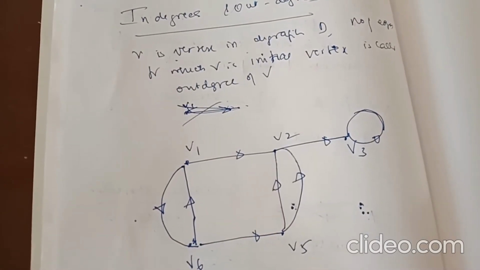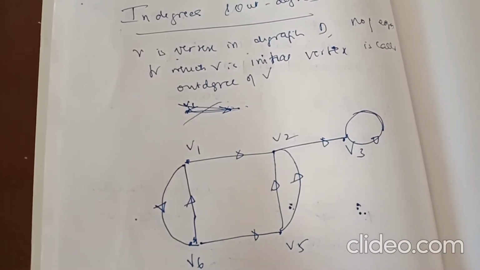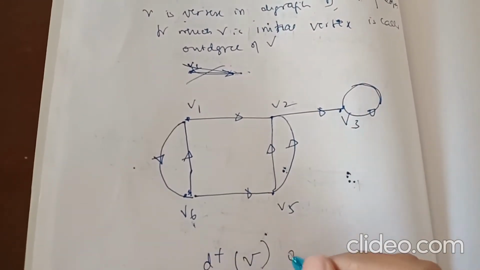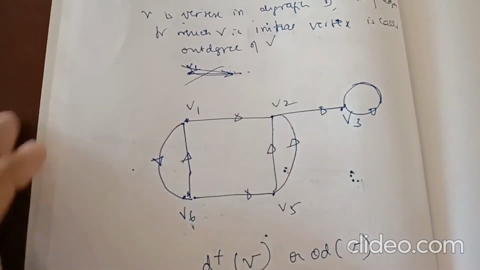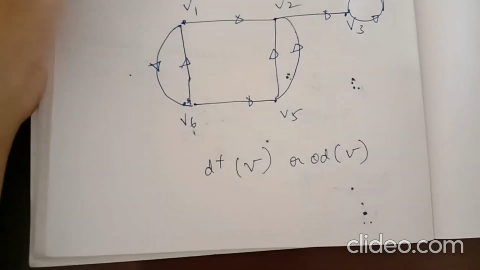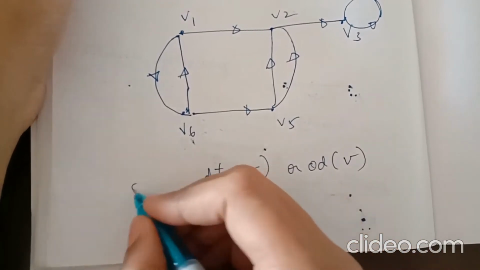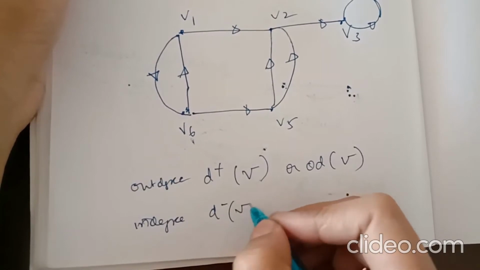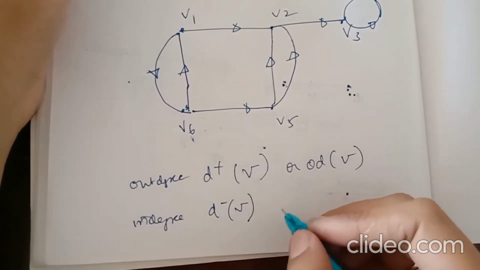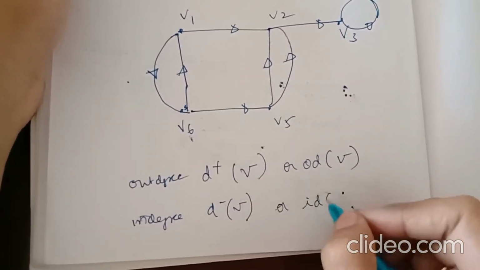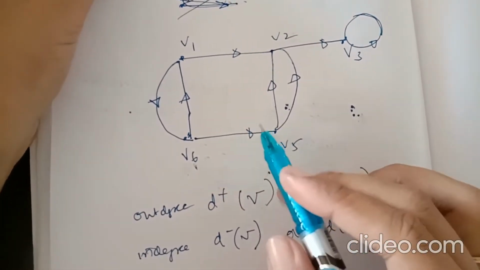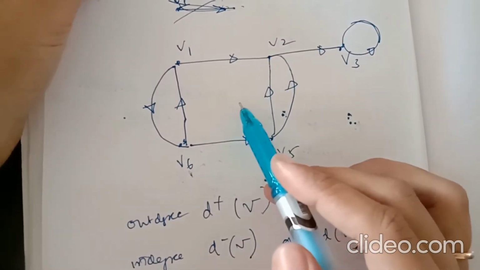So here let's write what the out degrees and in degrees are. Out degrees are represented by D plus of that vertex, or we can say OD of V, out degree of V. Likewise, we can represent in degree as D minus of that vertex V, or in degree of V. Let's find out the in degrees and out degrees for this example.